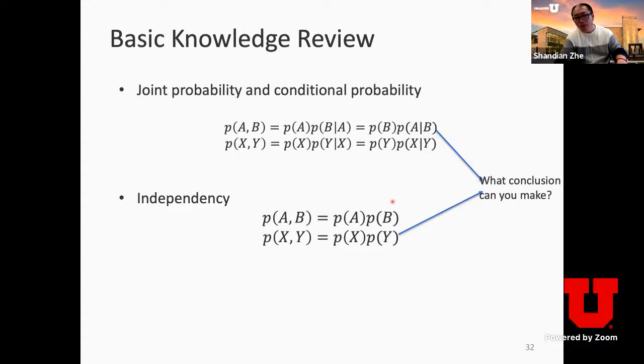If the probability of your events or random variables is equal to the probability of the same events or random variables conditional on other random variables, it means that your events or random variables are independent of those events, because conditioning on that or not does not change the chance to happen.